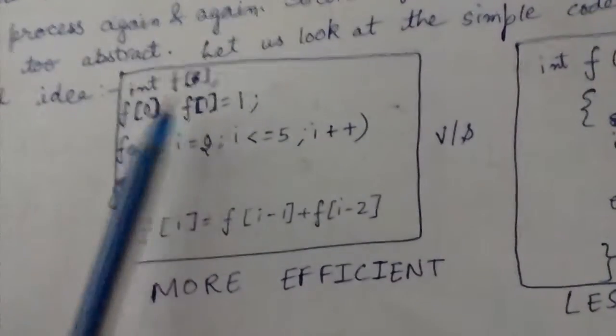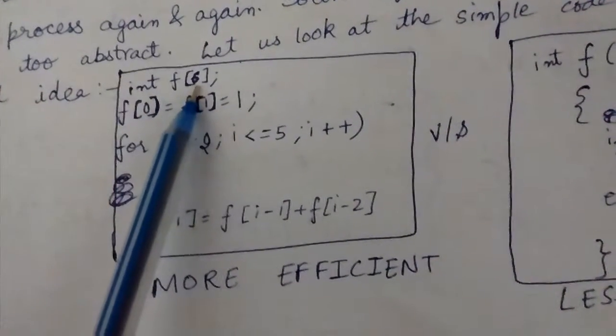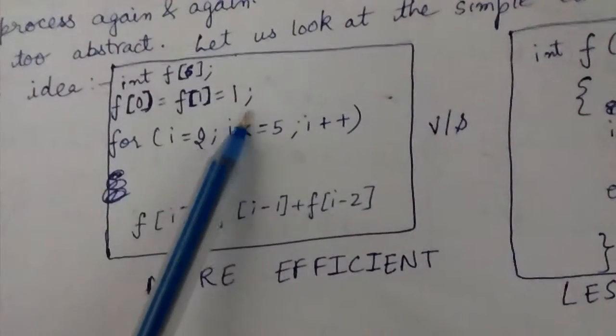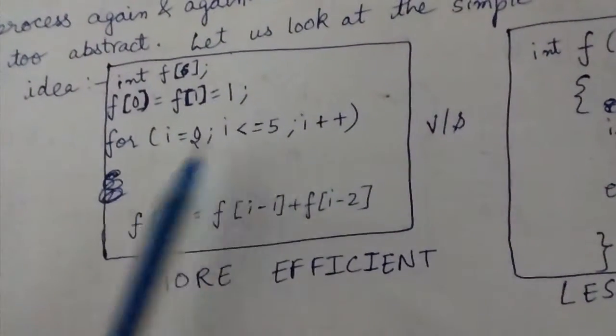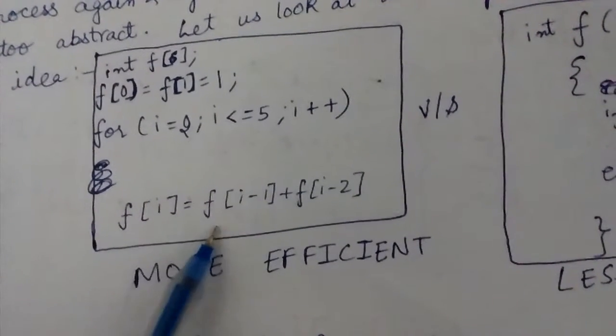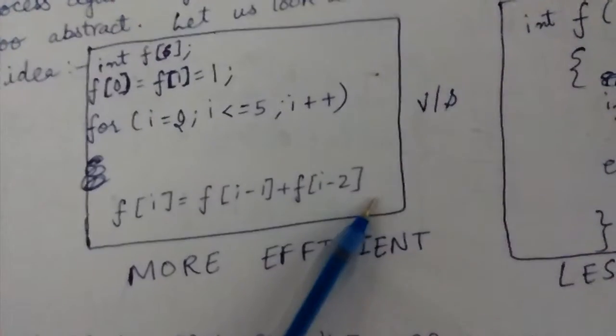What we do is we take an array f of size 6, f0 and f1 are initialized to 1, and for i equal to 2, i less than or equal to 5, i plus plus, we do fi equals fi minus 1 plus fi minus 2.